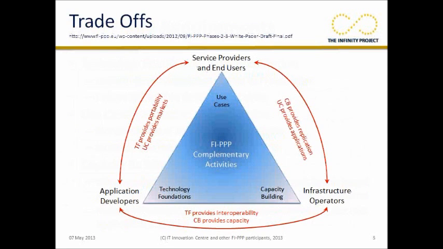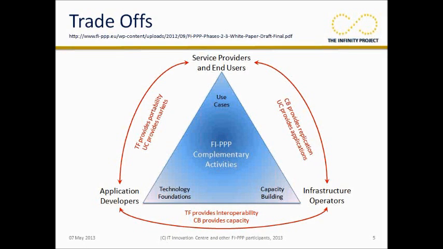Okay, so if you look at the program, we did this in the architecture board of the FI-PPP, you realize there are some tensions, okay? So the 3, apart from the facilitation objective, the other 3 are really there to bring in different communities. The use cases are all about bringing in service providers and end users.